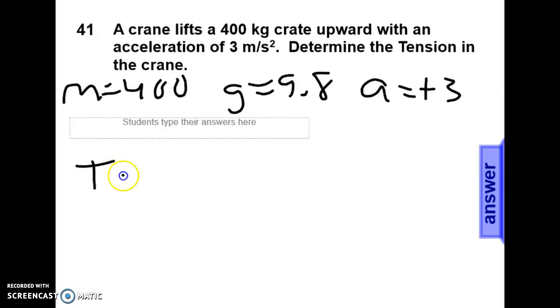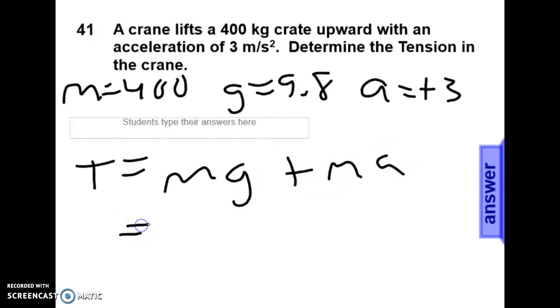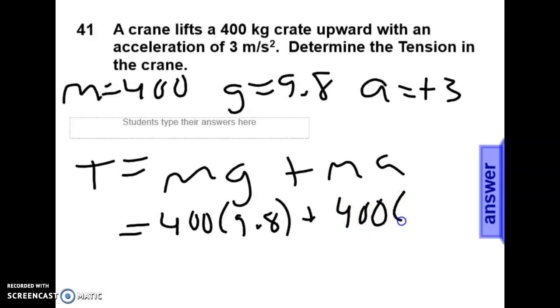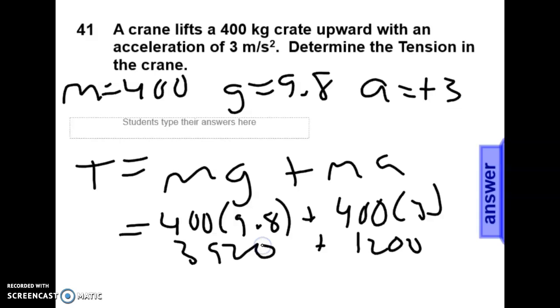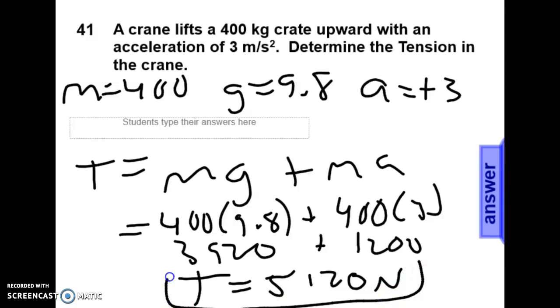The tension in the crane cable will be equal to mg plus ma, which is 400 times 9.8 plus 400 times 3. 400 times 3 is 1200. 400 times 9.8 is equal to 3920. If I do 3920 plus the 1200, the tension in the cable is equal to 5,120 newtons.